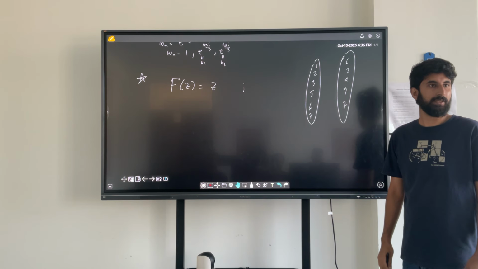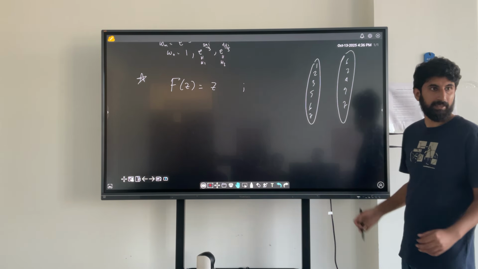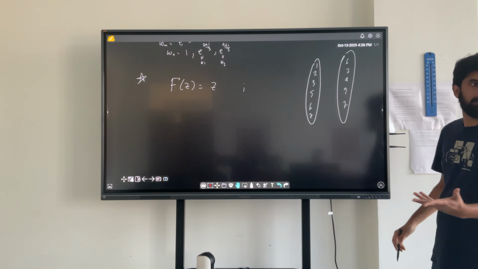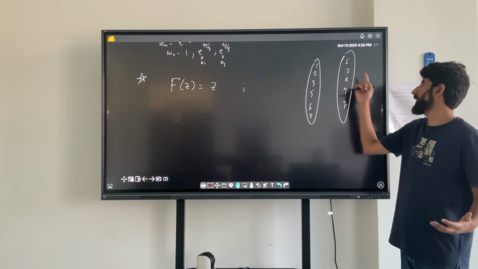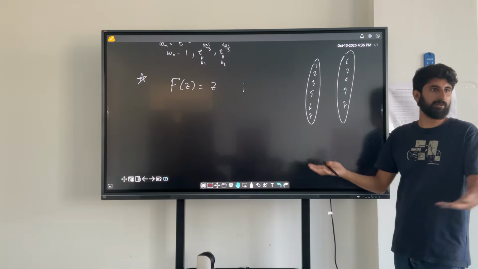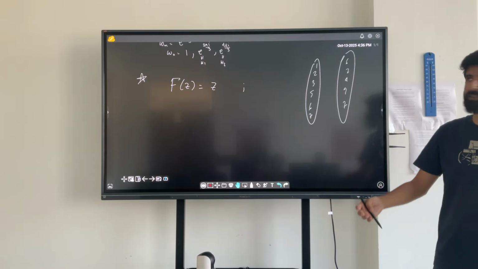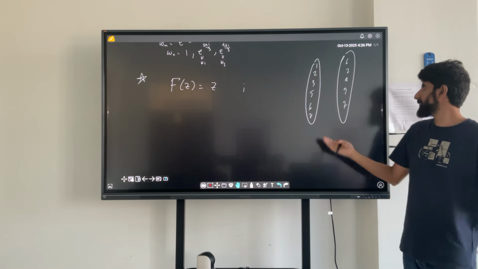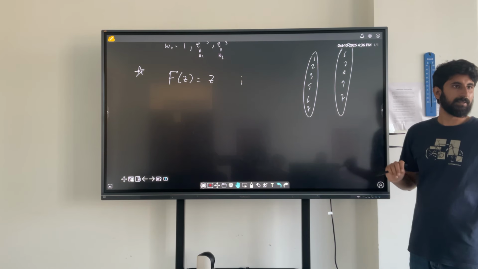I am taking finite sets. A relation is basically you creating ordered pairs and creating a new set where there is a relation between these two, X and Y, where X belongs to this set and Y belongs to this.